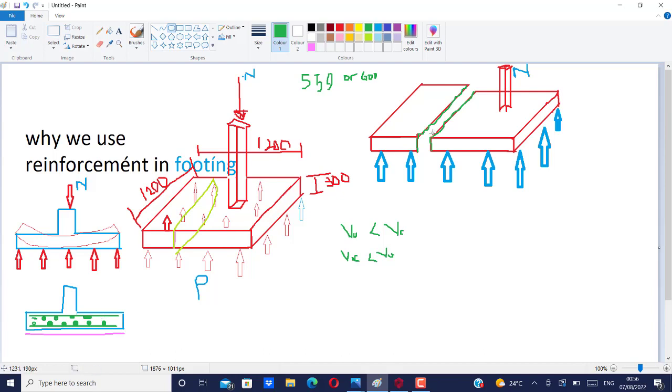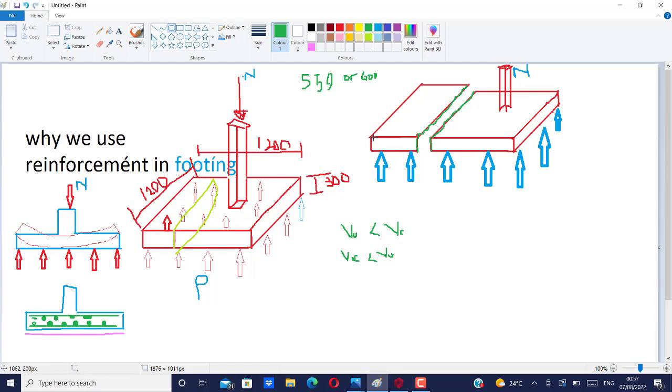So let's say, for example, when you calculate, your ultimate shear stress is greater than your concrete shear stress, then you have to increase the depth of this footing.